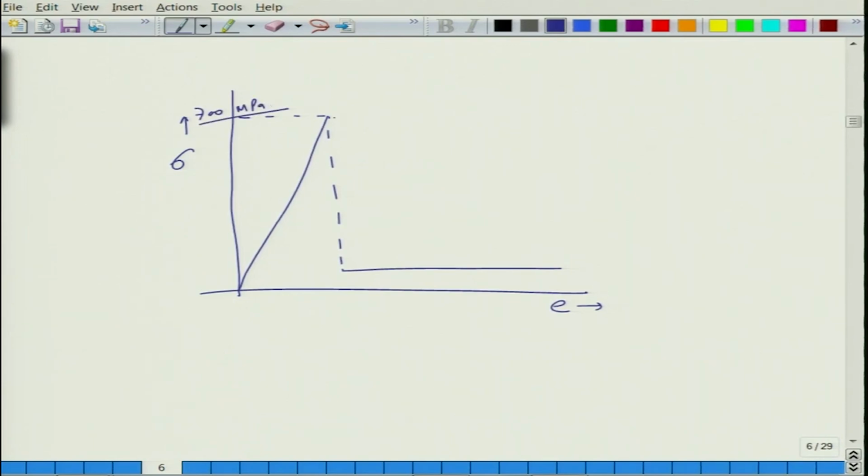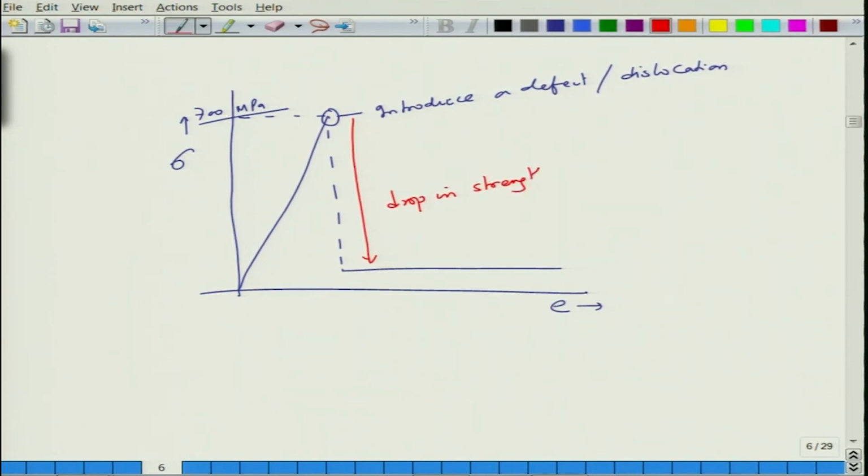Then you are able to break some bonds, and at this point you introduce a defect or dislocation, and this is where there is a sudden drop in strength.